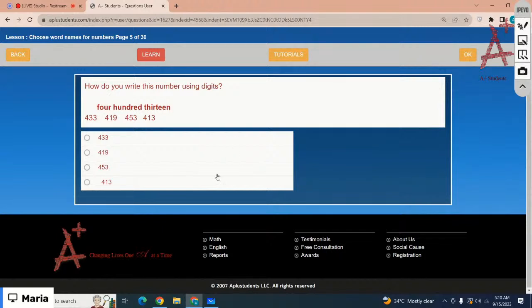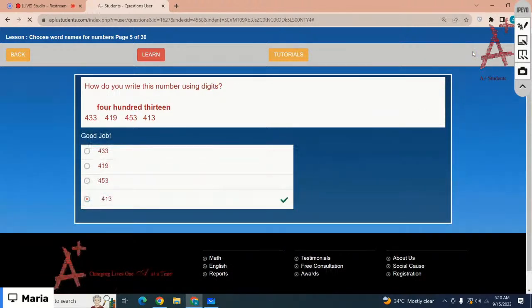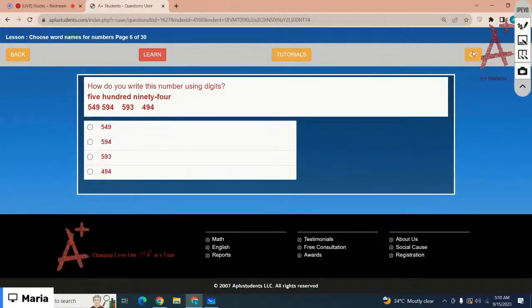Yes, that would be the last option, 413. Very good. How do you write this number using digits? 594. So, which is the correct option? The correct option is the second one, right? Very good.